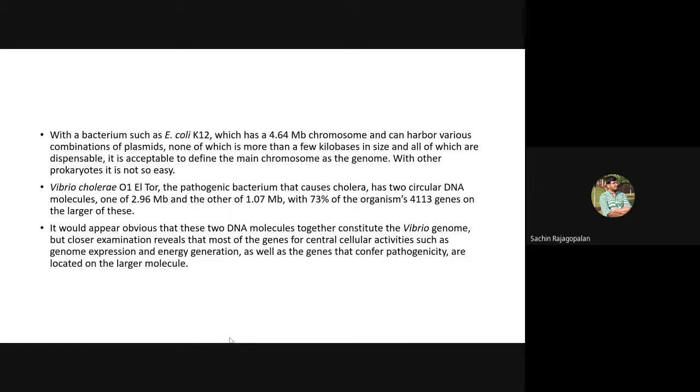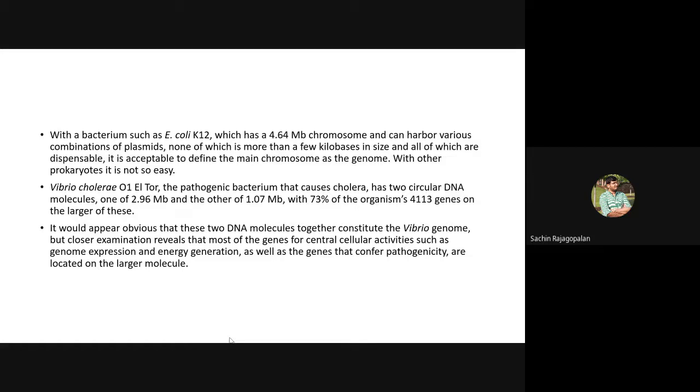Okay. Now, please understand that if you see Vibrio cholerae's case, a closer examination of the type of genes that are there in both of these DNA molecules will show you that the important proteins, or energy generation based enzymes, which are your metabolic enzymes, or pathogenicity and virulence based enzymes, most of them are located on the larger molecule.